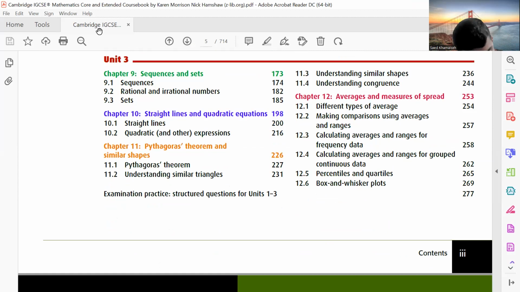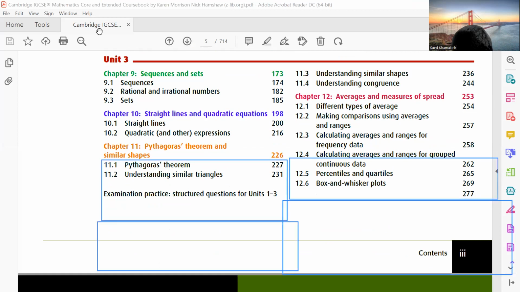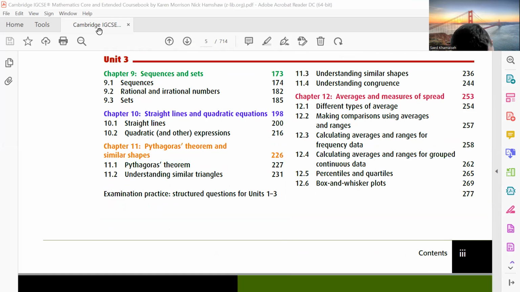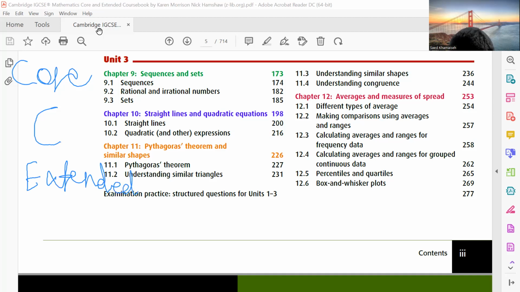Core has a maximum grade of C only. That means on average you get C, but in extended you can get C or above, and the marks go up to A plus.